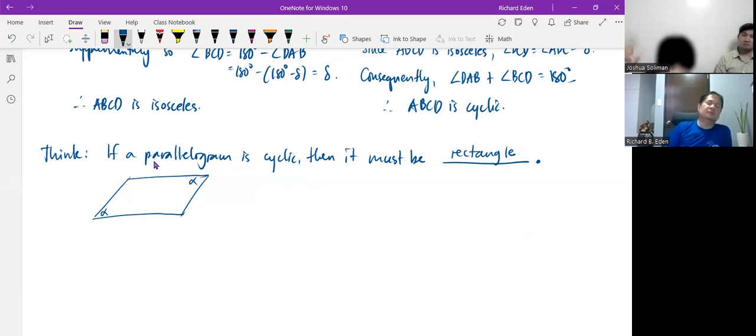Yes. And then the other one must also be supplementary to it because it's cyclic.